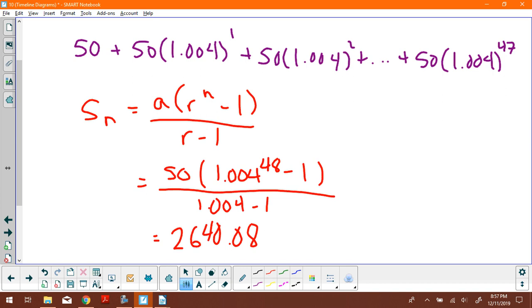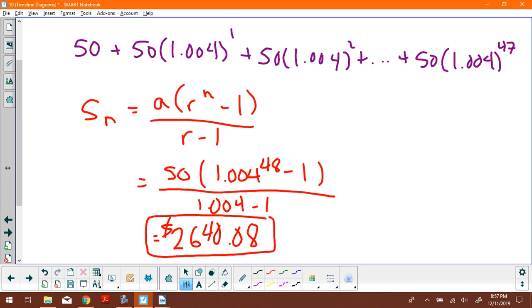As a quick check to see if that's actually reasonable, I'm just going to multiply 50 by 48 on my calculator, which is $2,400. So that means I've made about $240 in interest there. So there we go. To get the total value of an annuity, I can basically just run it through the sum of a geometric series.